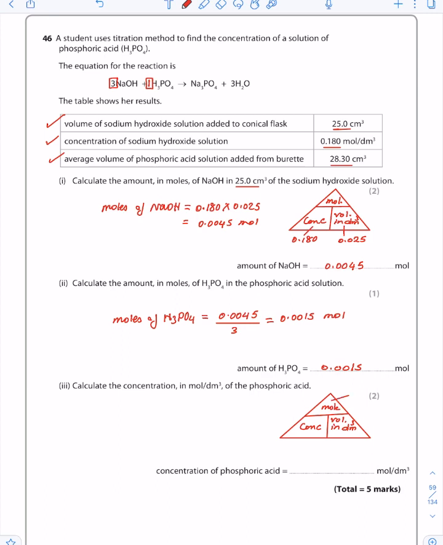We now have the moles, 0.0015, and the volume of phosphoric acid, 28.30, but we divide it by 1000, so it is 0.02830. We can now get the concentration of phosphoric acid by dividing the moles, 0.0015, over the volume, 0.02830. So the concentration of phosphoric acid is equal to 0.053, so we write 0.053 mole per cubic decimeter.